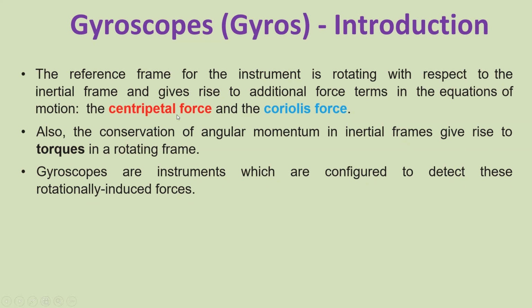So based on the way the gyroscope is implemented, what it measures in order to find the orientation, the angular position of the object, or the angular velocity around a particular axis will be determined either by measuring these two forces, or there may be another gyroscope which does not use these two forces at all.